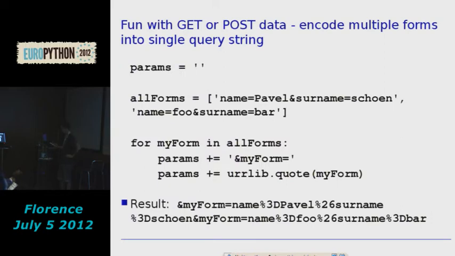And this is the Python equivalent of this JavaScript. This escape function has an equivalent in urllib.quote, and as a result, you will get this very, very long query string.